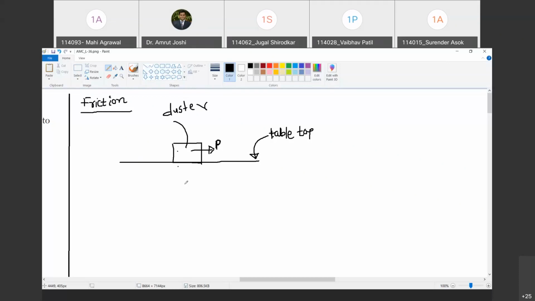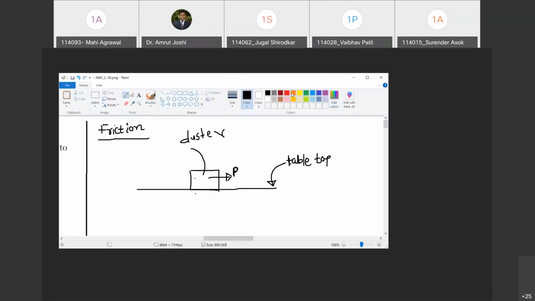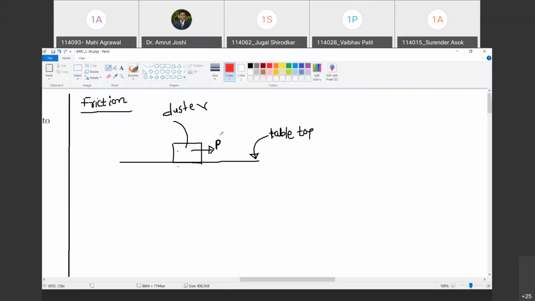Yes, sir. Now let me add one more data point to this thought experiment. Let us say under the action of this force P, the body, that is duster, starts moving in this direction with the velocity equal to, let us say, 0.1 meter per second.